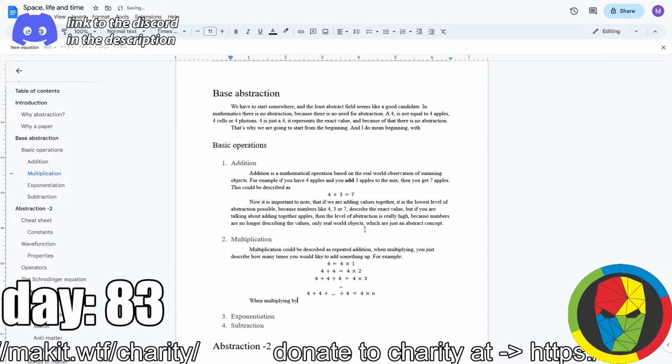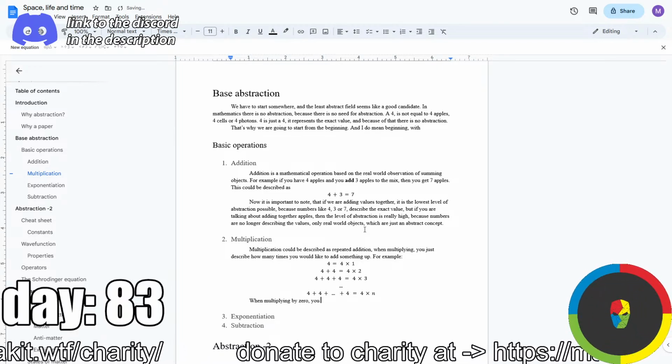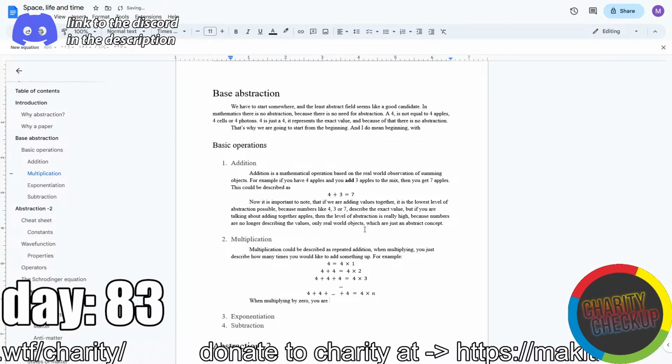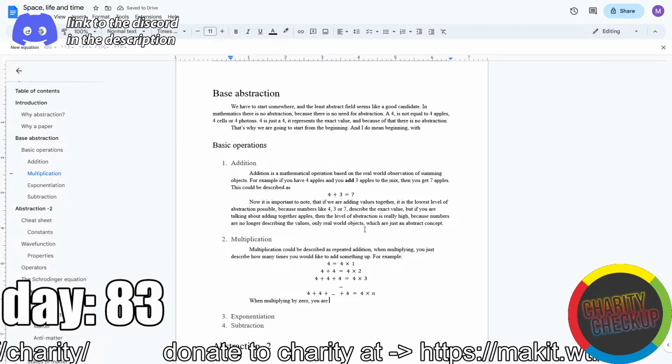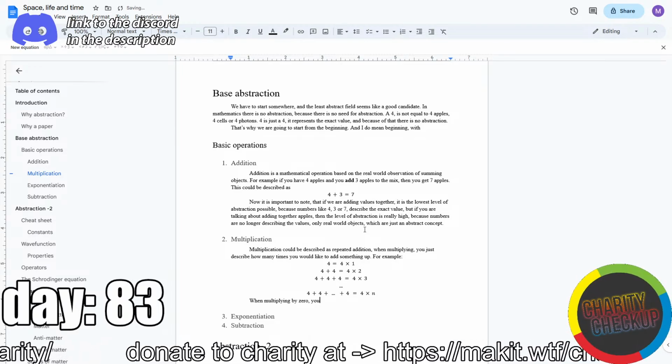Multiplying by 0, well, there are no numbers.